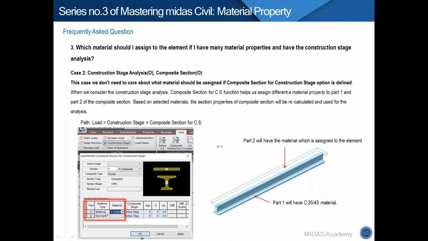So if you select the material type, part 1 will have the number 1 material type, and if you select the element type, part 2 will have the material which is assigned to the element here.